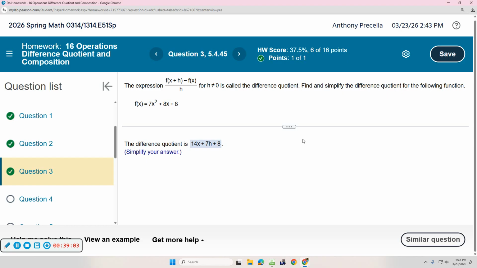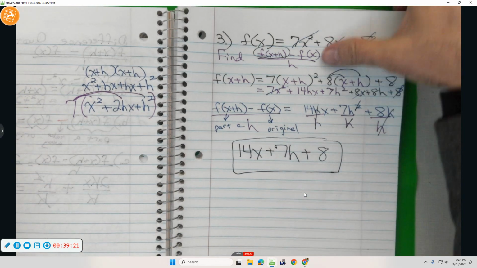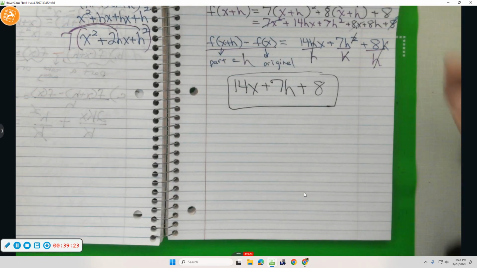Okay, we've done operations, addition, subtraction, multiplication, and division. We've simplified difference quotients. Now the major part of this assignment. There's a new operation that applies only to functions. That operation is called composition of functions.